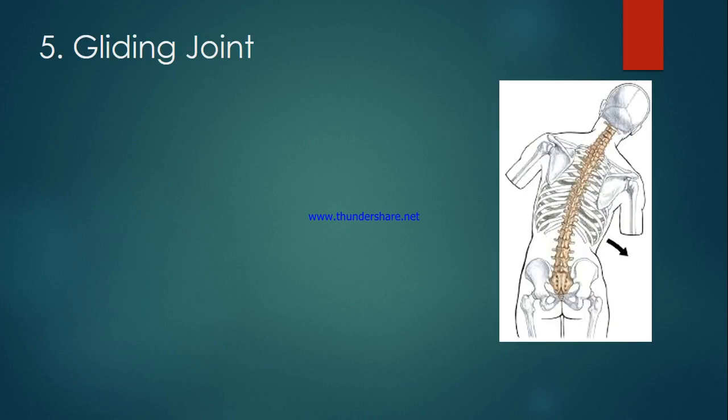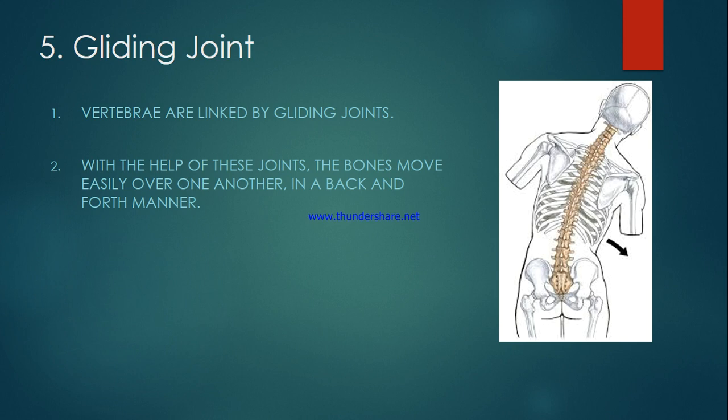The next freely movable joint is the gliding joint, and you can observe it in the given diagram. Vertebrae are linked by gliding joints.